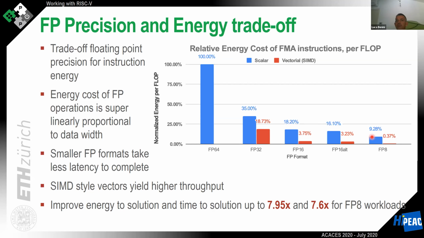The reason why this improvement is superlinear is that not only do you perform 2 operations in the same cycle because of your SIMD mode of operation, but also because you can run your smaller floating point units, 32-bit and 8-bit and so on, in a smaller number of clock stages, because you need to pipeline the floating point operation less, since the operands are smaller, and also fundamentally because the arithmetic logic needed for fused multiply-accumulate in floating point is quadratic logic.